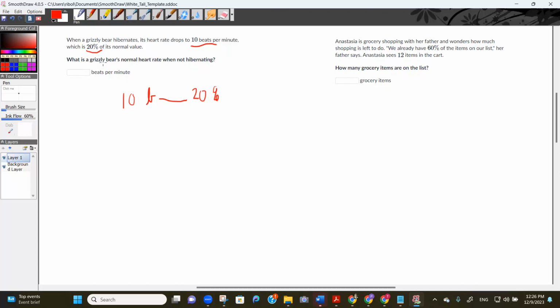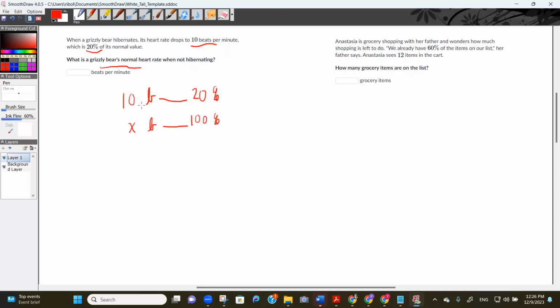And then what is it asking? It's asking what is the bear's normal heart rate. So we are trying to find how many beats per minute is normal, and normal is our 100%. So then we have the problem set up correctly. Can you see that now we start with what we know is a part of the percentage, and we need to figure out the total?